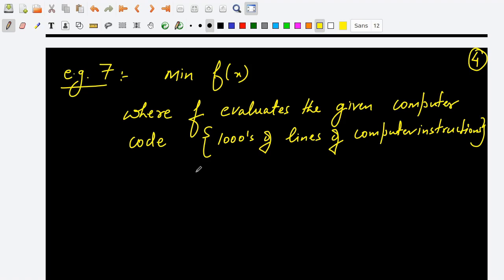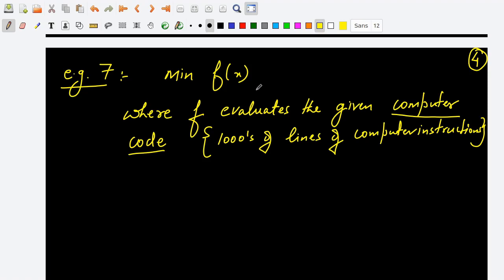You can imagine that it's a very big piece of simulation or some differential equations being solved to model the behavior of a complicated machine, and all we have is this computer code, which has a lot of for loops, if loops, conditions and jumps and so on and so forth.